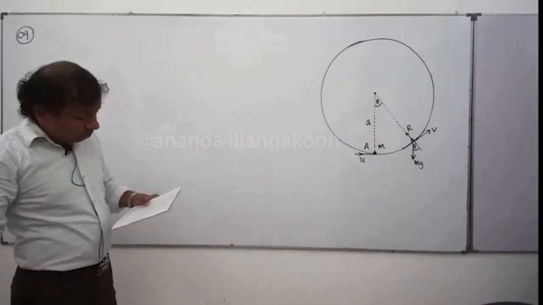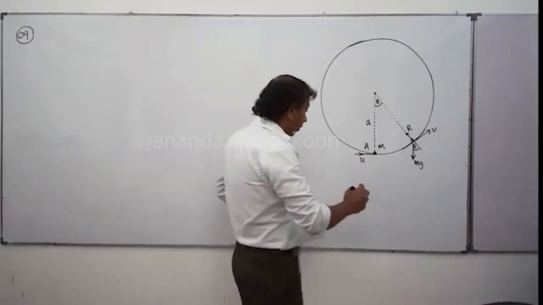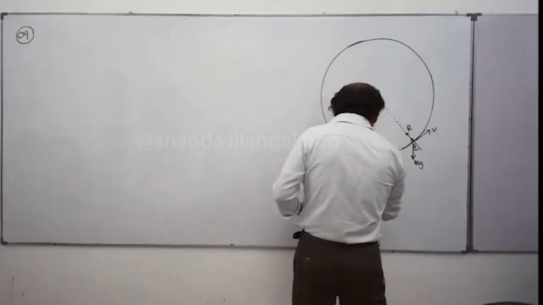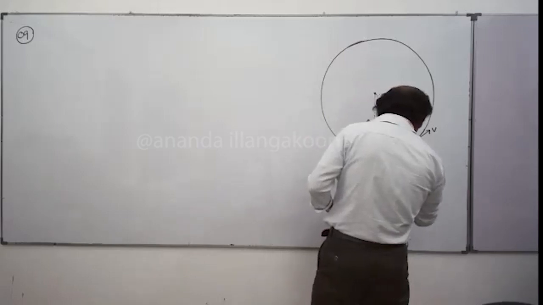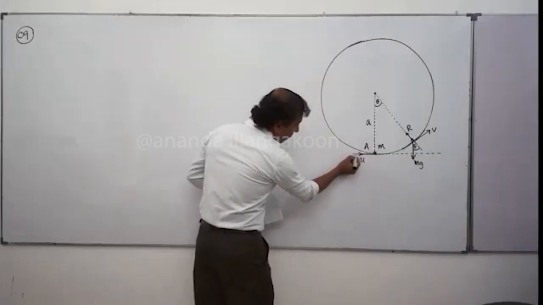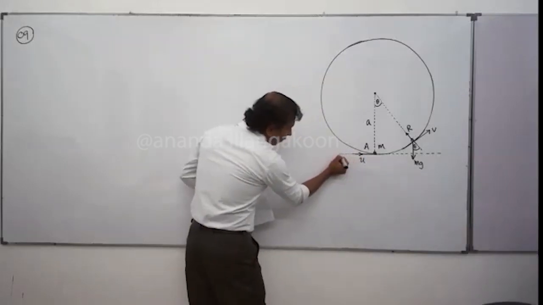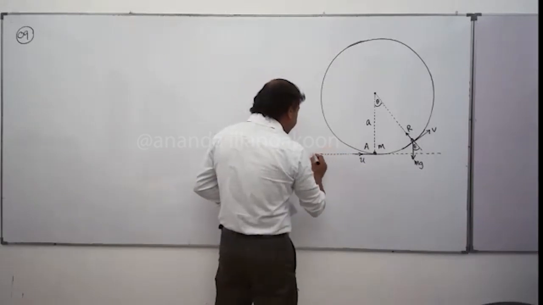If the horizontal level through A is the potential energy zero level, if I draw a horizontal line through A, this level we consider as the potential energy zero level.